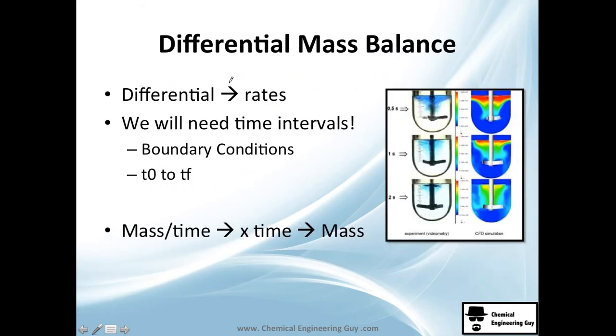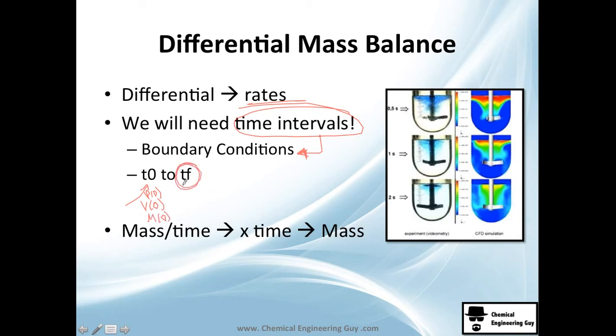So let's speak a little bit more about the differential mass balance. We will need time intervals because we are speaking about rates. And that means we need to apply some boundary conditions. The typical boundary conditions are initial time and, of course, volume at time 0, or pressure at time 0, or mass flow at time 0, etc.